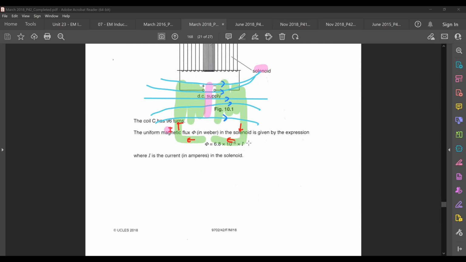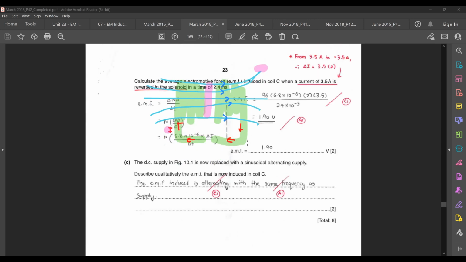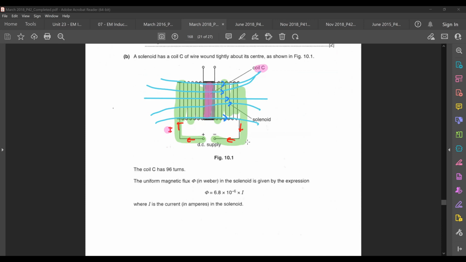The question then mentioned that your current is reversed in a time of 2.4 milliseconds. So if your current is reversed, rather than flowing in the red colored arrow like that, it's flowing according to the orange colored arrow that you see here. You're still going to produce a magnetic flux inside your solenoid and subsequently coil C, but this time the direction will be opposite. The important thing to remember is that flux linkage is proportional to current.